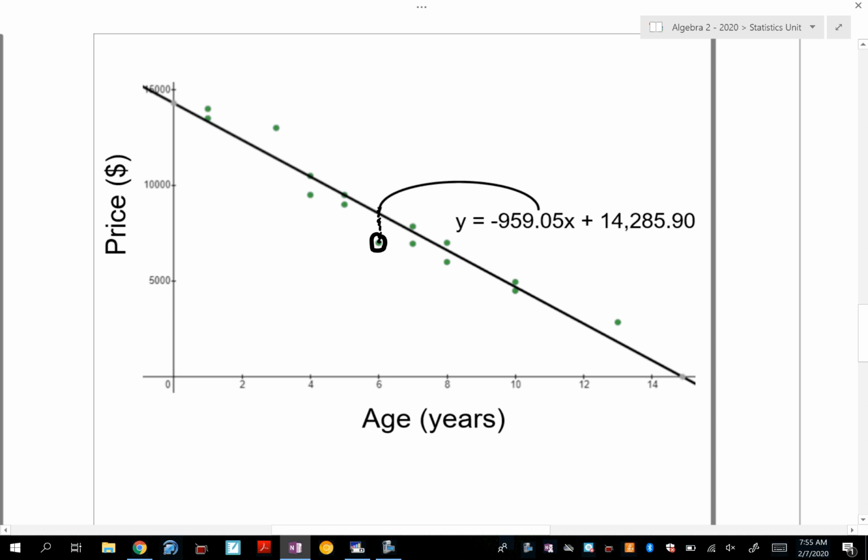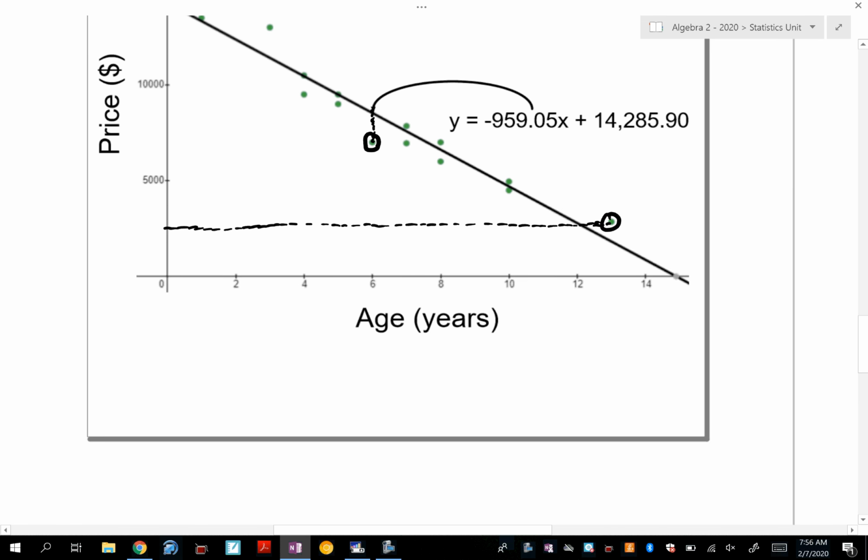The one at the far right, and it's actually a 13-year-old Corolla. So if you just try to draw a line over or eyeball it, what is that price? Right, that's what I put, 2,500 is what I put.